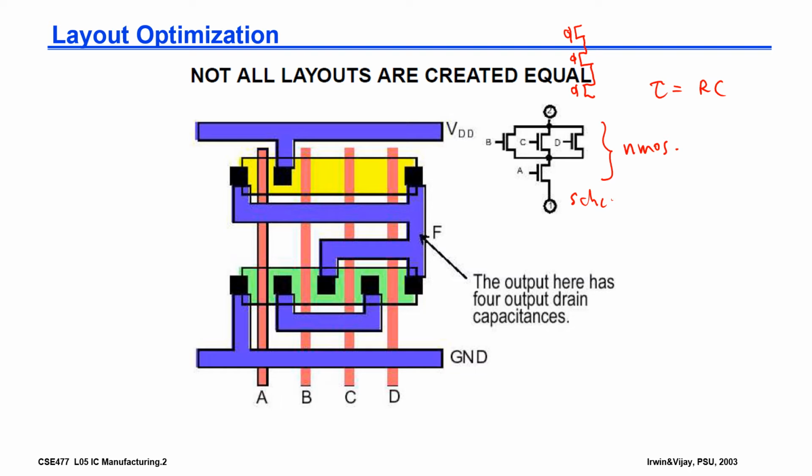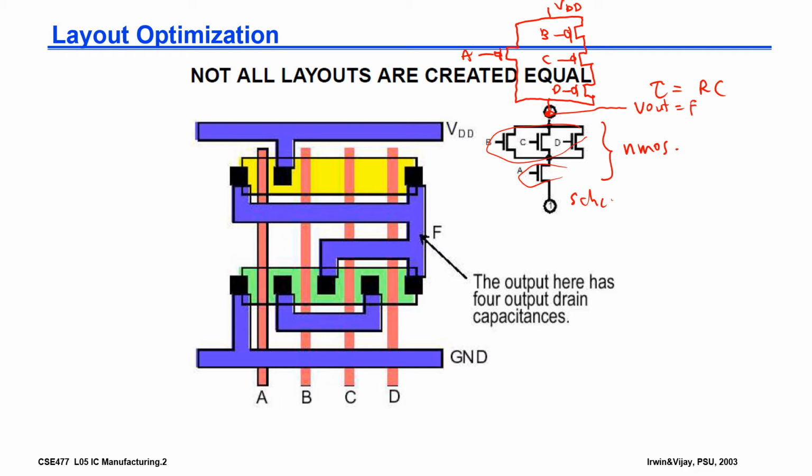Okay, B, C, D. So this is B, C, and D. What about A? Since BCD and A here are in series, you need to construct it in parallel to contact the A. And the source here is connected to VDD. And the drain side should be connected to the output, or over here they put F.